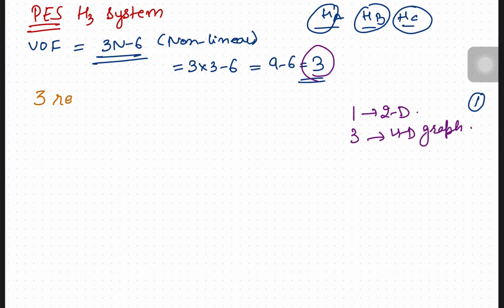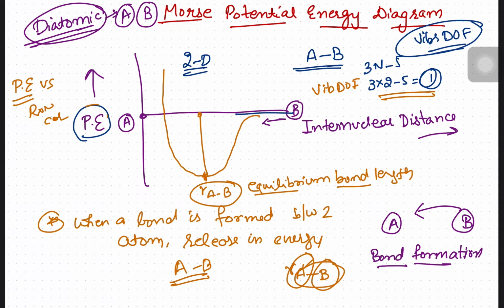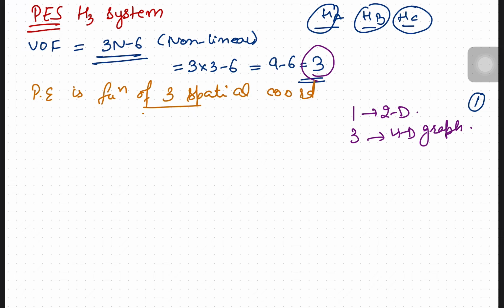That is, the potential energy of the system will be a function of 3 coordinates, which you can write like this. Potential energy is a function of 3 spatial coordinates. Previously, potential energy was a function of only 1 spatial coordinate. Here it's a function of 3 spatial coordinates.